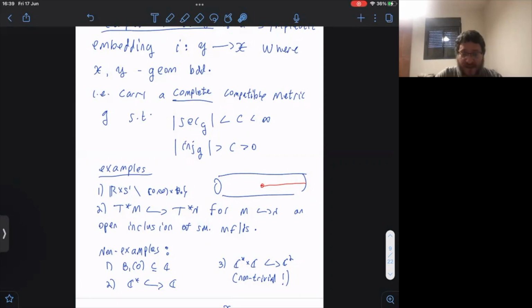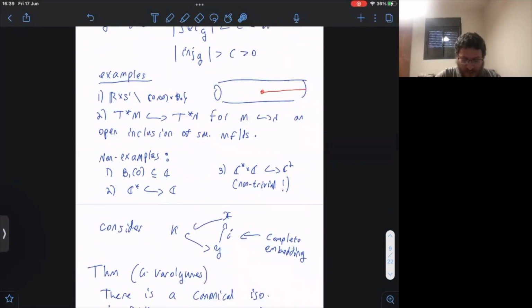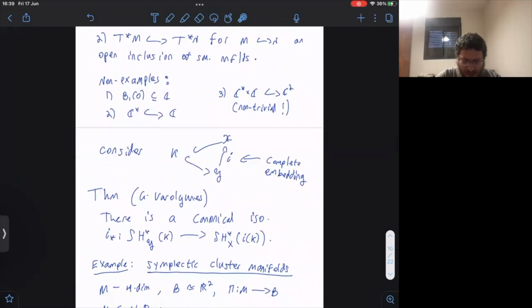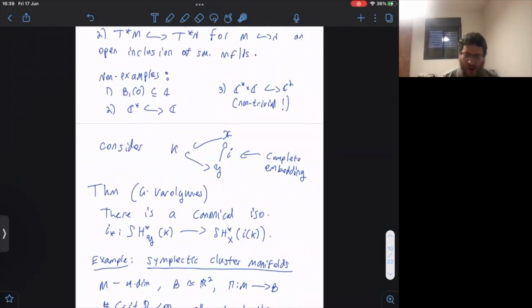Okay, so that's the setup, and in this setup we consider the following case. Suppose we have a compact set K, which fits into a diagram like this, where the inclusion of Y into X is a complete embedding.